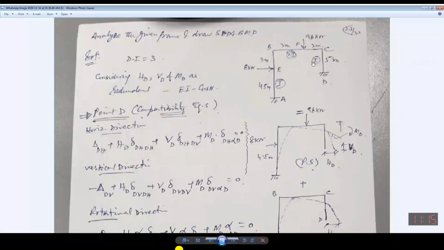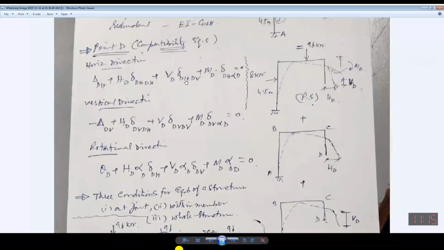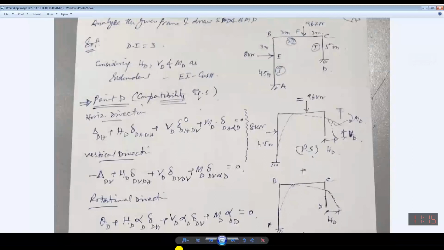Yes, sir. So considering the compatibility conditions, all these three forces, horizontal, vertical, and the moment, are acting at joint D simultaneously. So we will be segregating their effect.